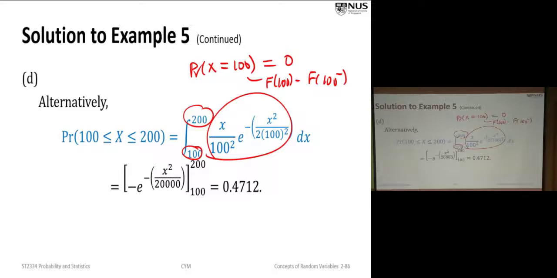Because F(100) and F(100-) make a difference only if the probability of x equal to 100 is non-zero. So it may be non-zero only when they talk about a discrete random variable. But even for a discrete random variable, the probability of x equal to 100 may be the same.